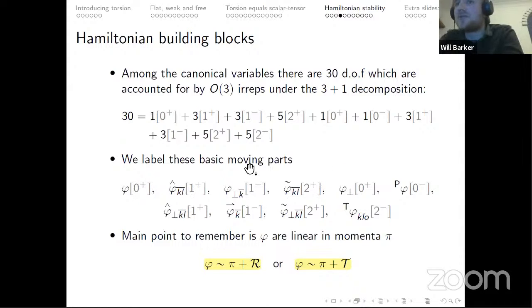The way we do this is using these things called phi functions. I won't get too into the motivation of the phi functions, but all you need to know really is that they each represent a particular spin parity part of the theory, and they all generically have this form of phi is equal to momentum plus a field-dependent term, which could either be the Riemann-Cartan curvature or the torsion.